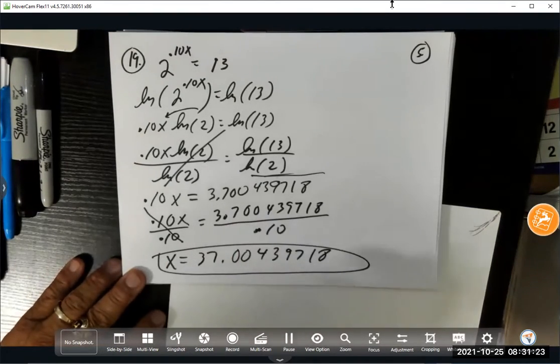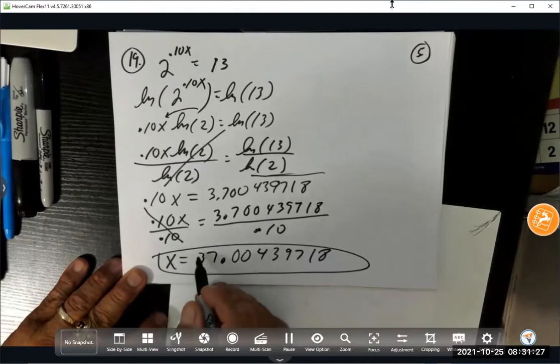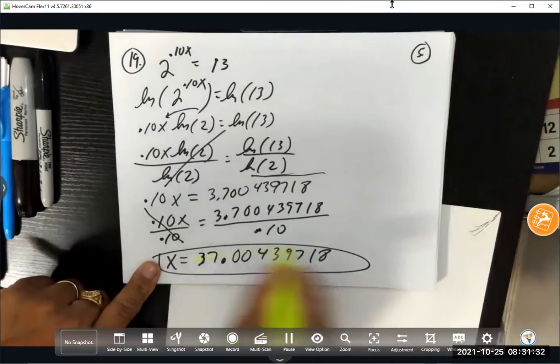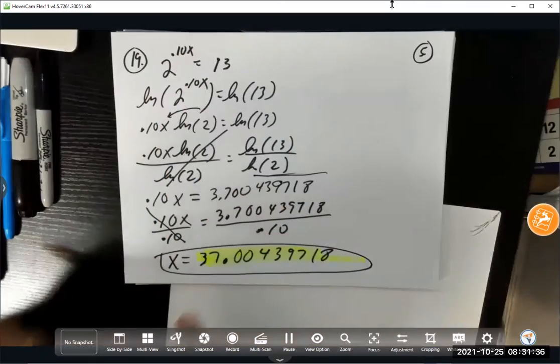It's not 3.7 anymore, now it's 37.00. That's the answer right here, and then you probably round it off to two places.